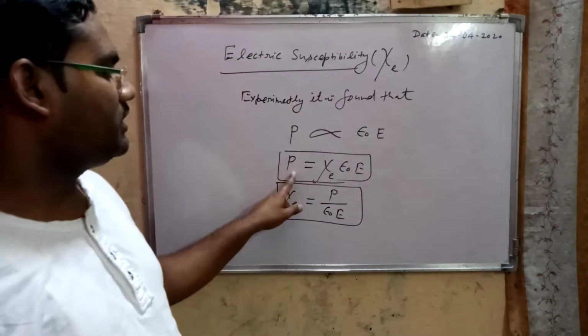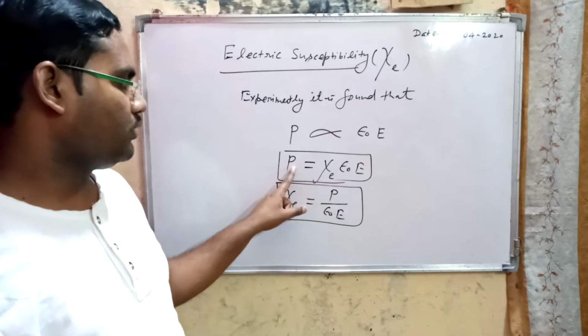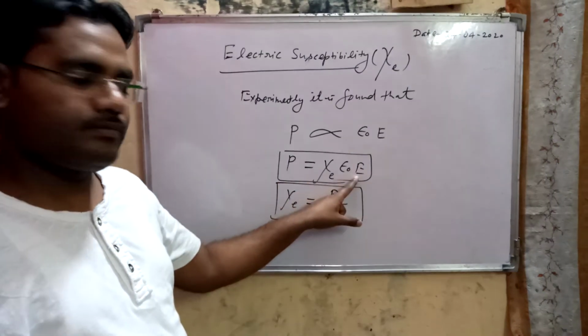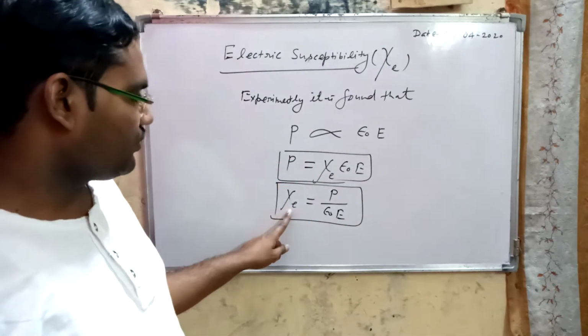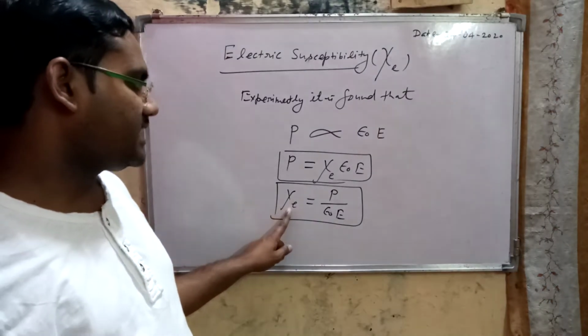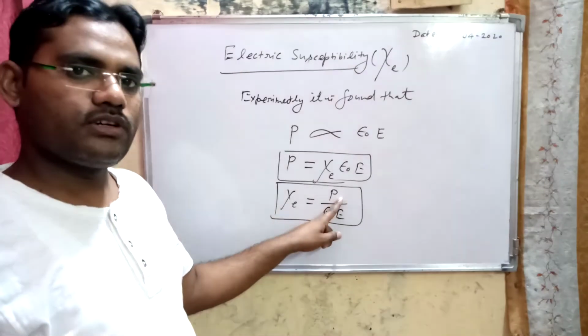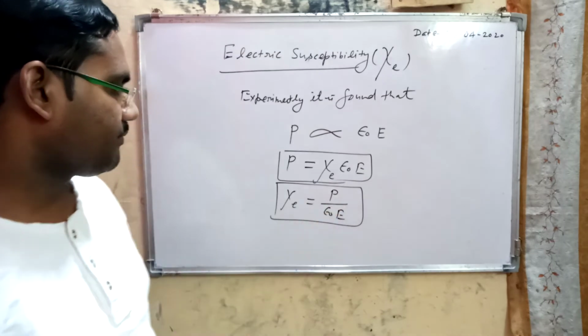This one is the relation between the magnitude of the polarization vector and the electric field, and this one is the relation between electric susceptibility and the magnitude of the polarization vector.